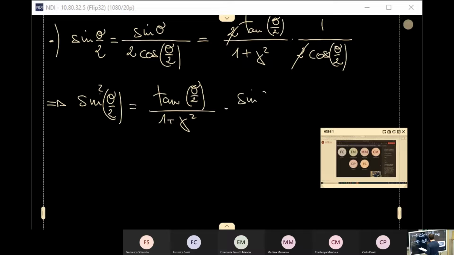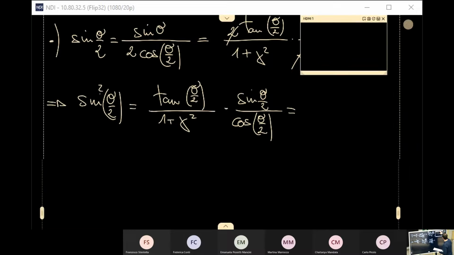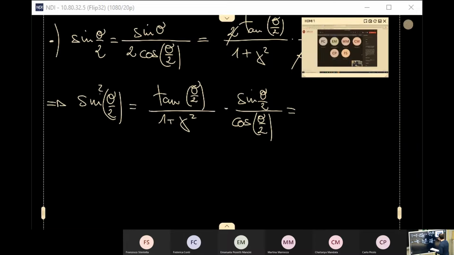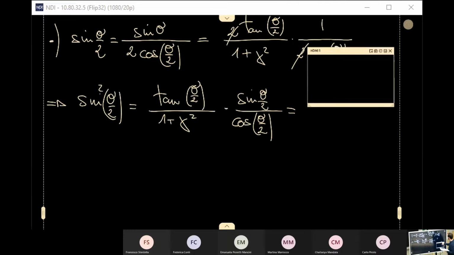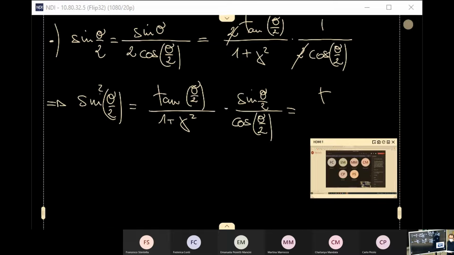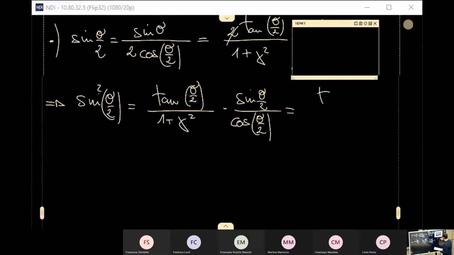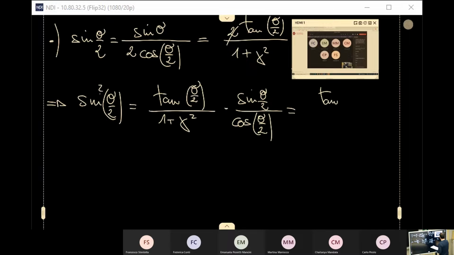It's the sine of theta divided by 2, and this is a tangent, right? I'm just multiplying. So tangent of theta divided by 2 squared over 1 plus gamma squared. Okay.